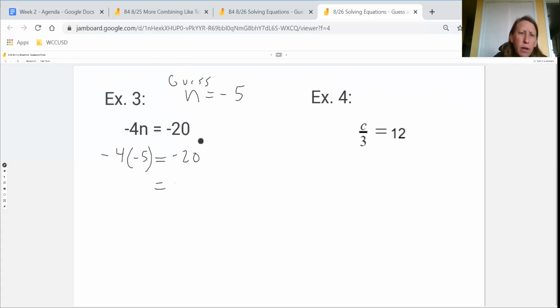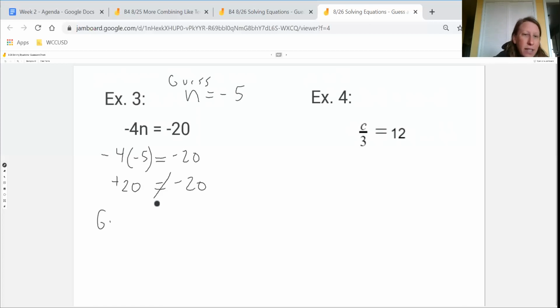Maybe, maybe not. This side is just negative 20. It stays negative 20 all the way down. What is negative 4 times negative 5? That happens to be positive 20. It's like the opposite of negative is positive. So is positive 20 the same as negative 20? No. Really far apart on a number line. So that is not true. So my guess was not correct.